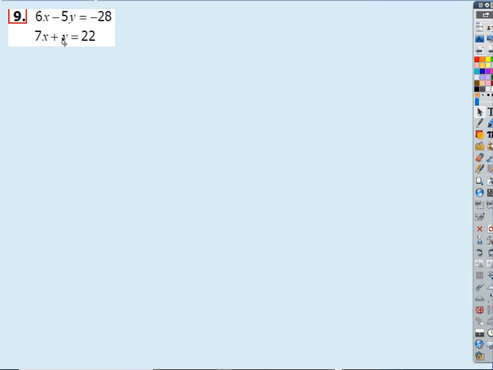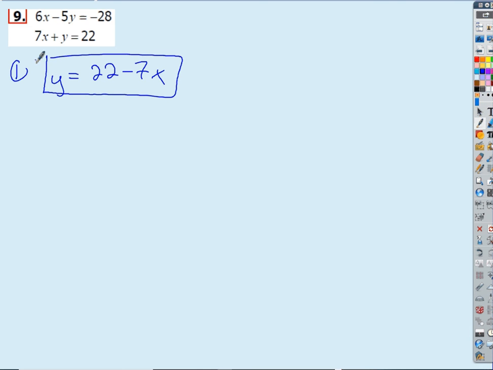So step 1 then is we're going to solve for that y. Okay, what's the only thing I have to do to solve for that y? Subtract 7x, right? So everybody agree I'm going to get y equals 22 minus 7x, or -7x plus 22, doesn't matter, right? So I got the y by itself, so I'm going to box it, okay, because I'm going to be coming back.